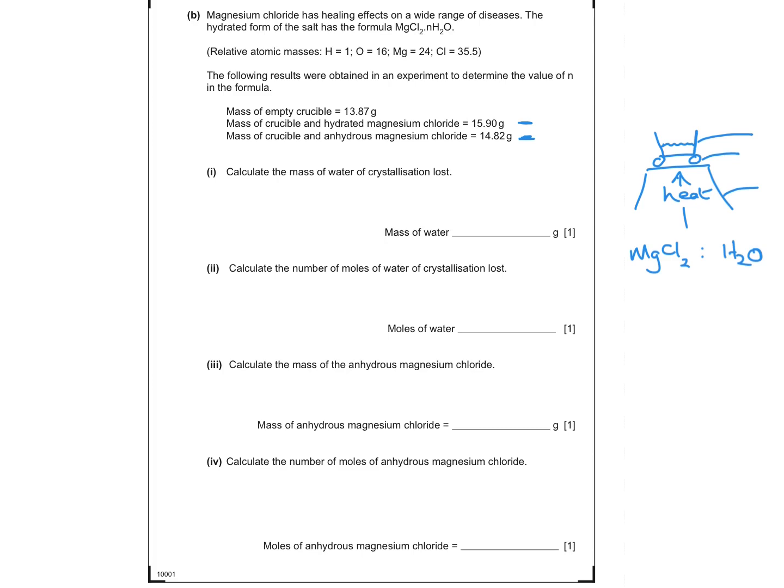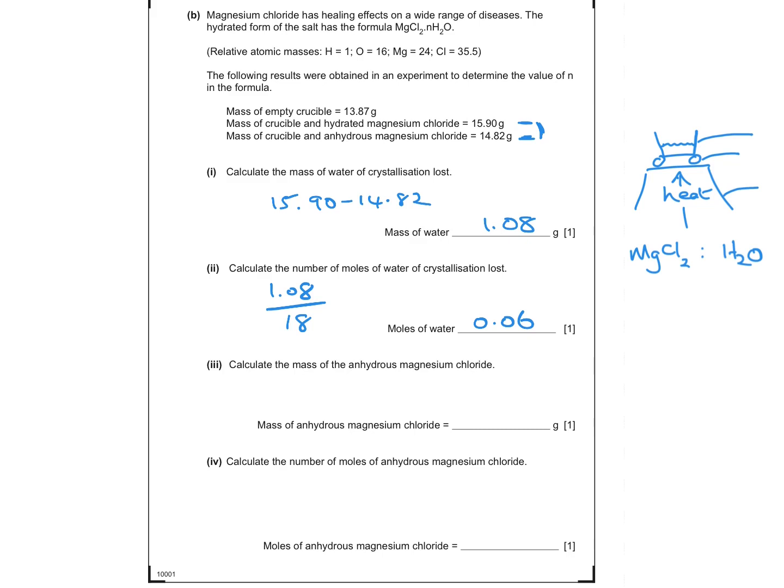So it's now minus the water. So we're going to use these two values to calculate the mass of water that was lost. So the answer is 1.08. And to work out the moles, we just divide the mass by the RFM of water, and that equals 0.06.